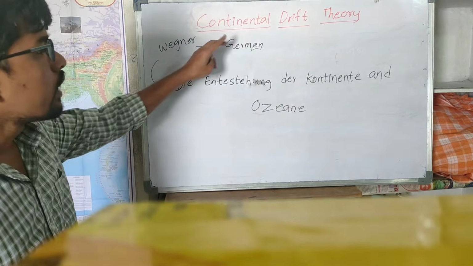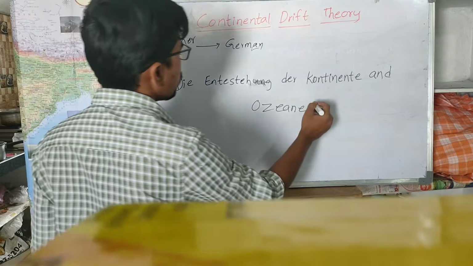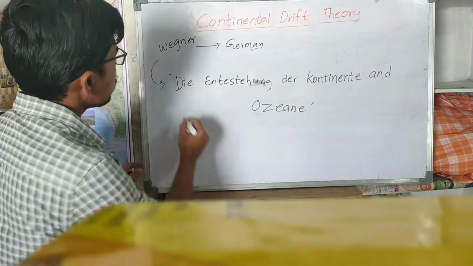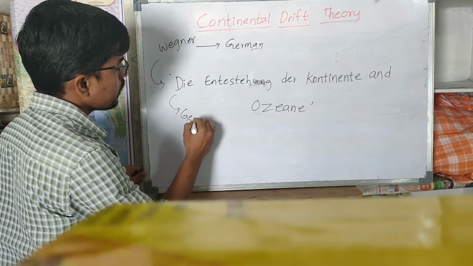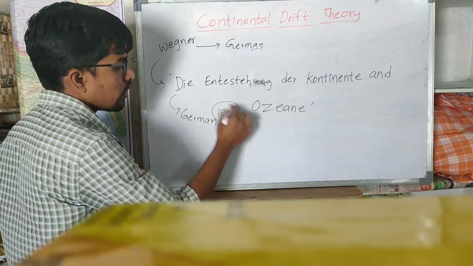In this book, he explains the continental drift theory. It was written in the German language, in the year 1912.